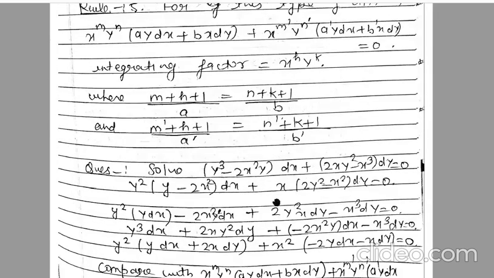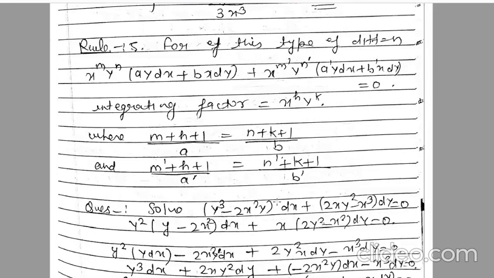Now there is rule 5 here, and for this type of differential equation, this is a typical rule. So guys, understand carefully, because there are two or three terms here, so you have to calculate.